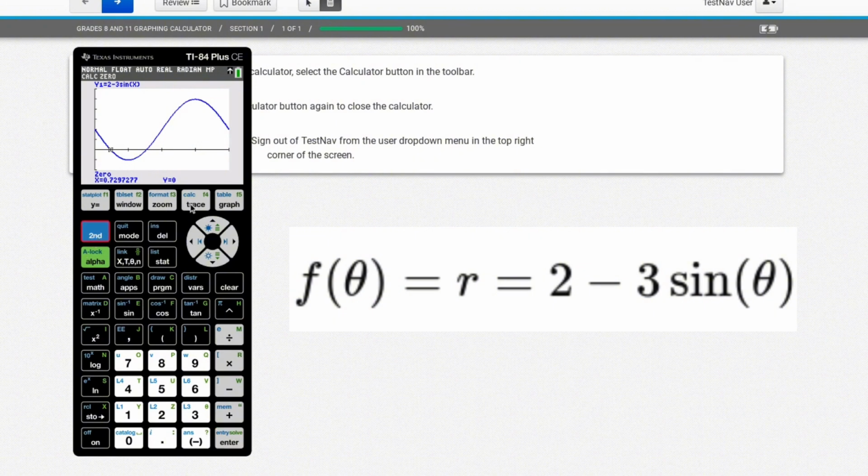So let's do minimum. Let's move to the left, hit enter. Move to the right, hit enter. And we get 1.57, which is half a pi.